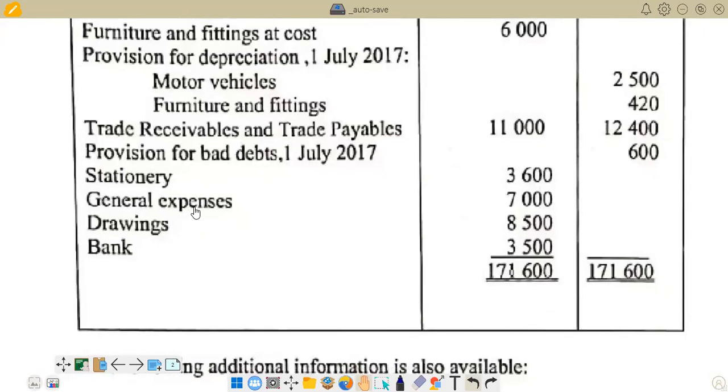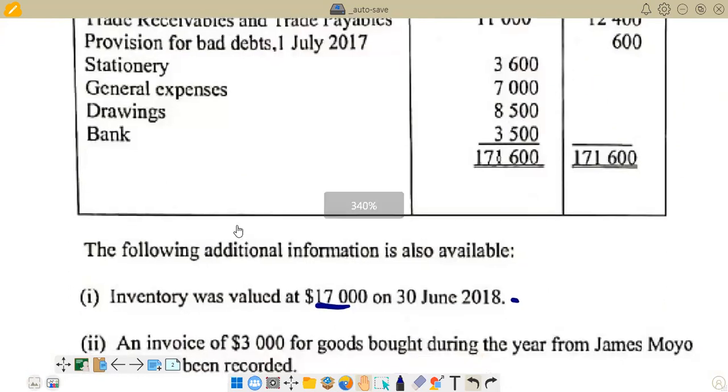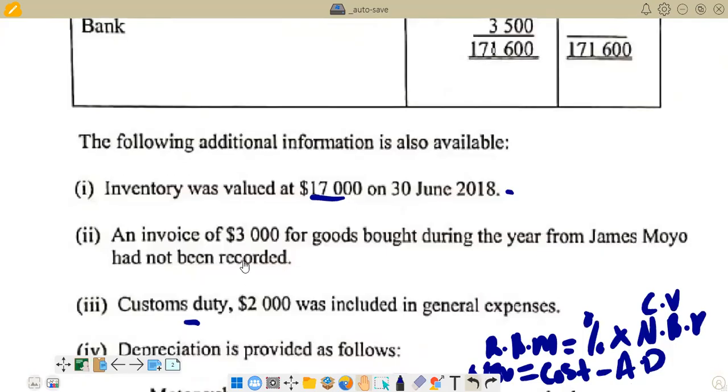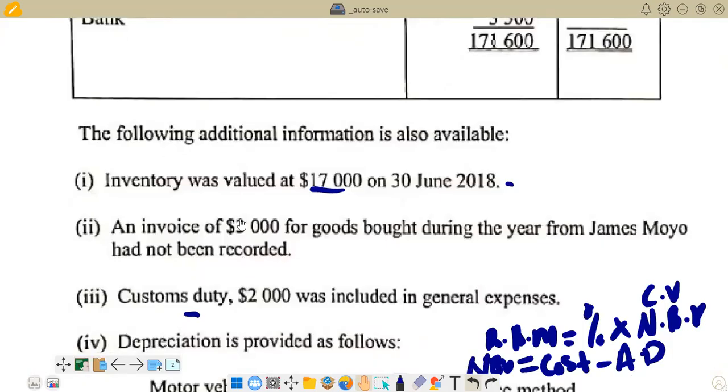So when we are not seeing any income, the next stage that we have to do is to check if there was a disposal of a non-current asset in the additional information. You go to the additional information and look for a disposal of a non-current asset, and you see that there's nothing like that. There was no non-current asset that was disposed.